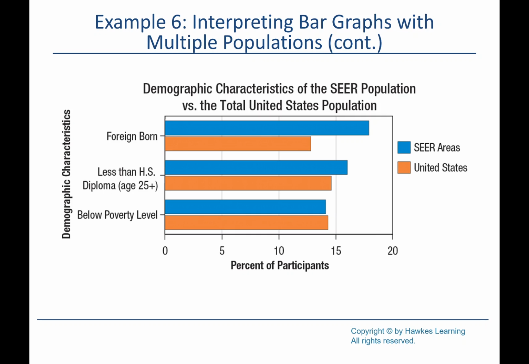And so ideally, these bars would match. If we look at the people in the study, the SEER areas, what can we see? We've got more people born in other countries in our research group than in the United States. We've got more people that have less than a high school diploma than in the United States. Below the poverty level, they're about right. SEER group's just a little bit lower than the country as a whole, so we can compare what's going on in the two different groups with that side-by-side bar graph.